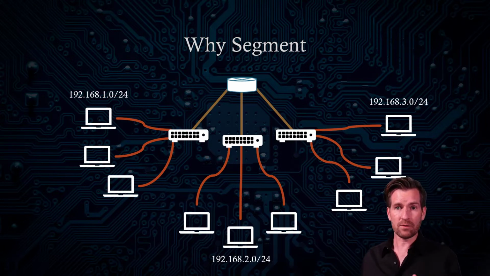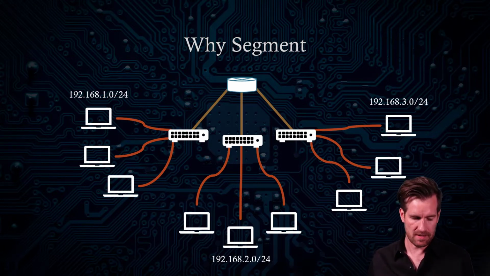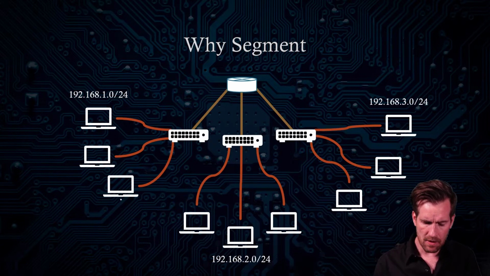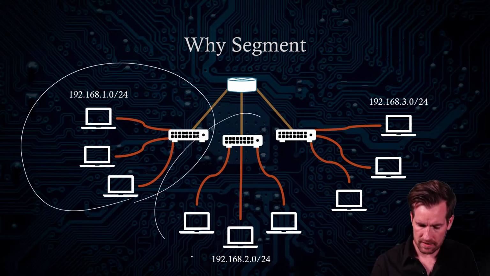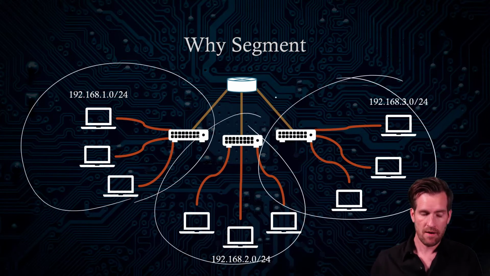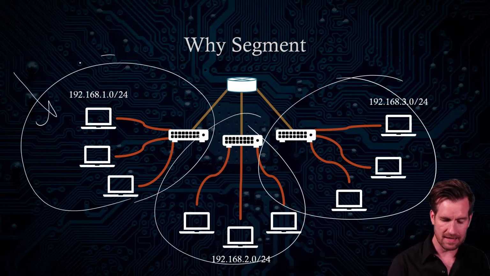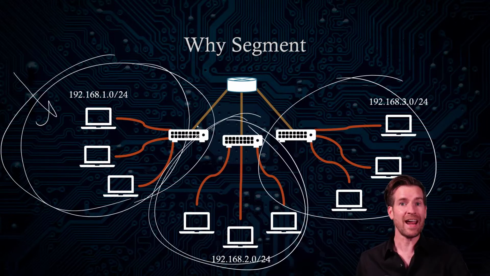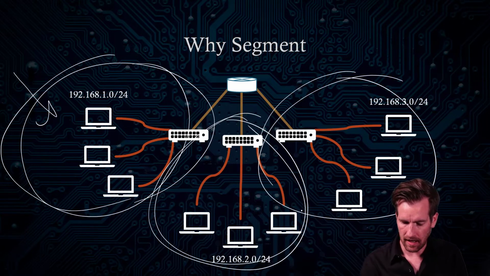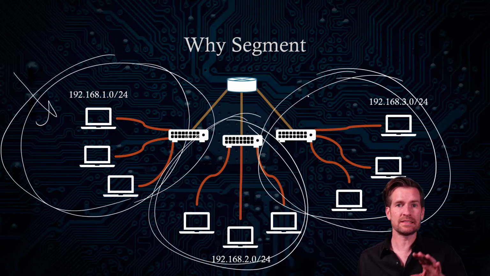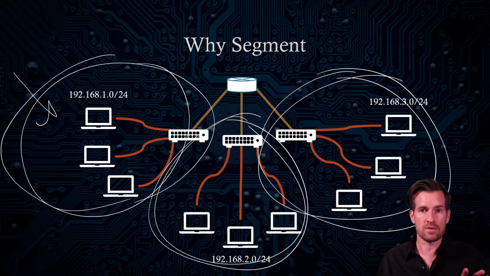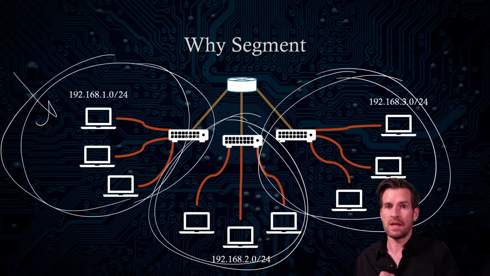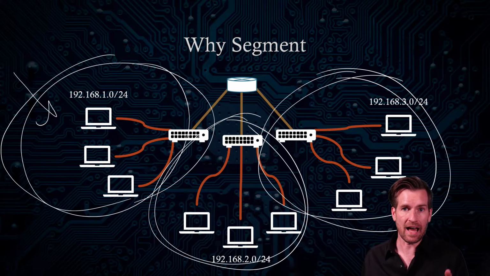Well, one of the big reasons is for security purposes. So in this case right here, maybe we've split this off into different work groups. For instance, maybe these are all the execs of the company. And this network right here is all for HR in the company. And this is all the sales. And you wouldn't necessarily want each one of those departments to be able to have access to resources in other departments.